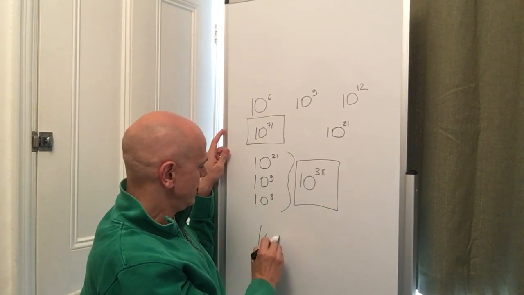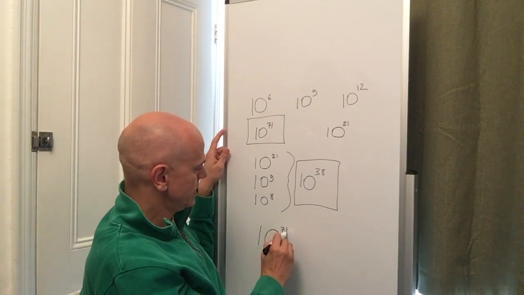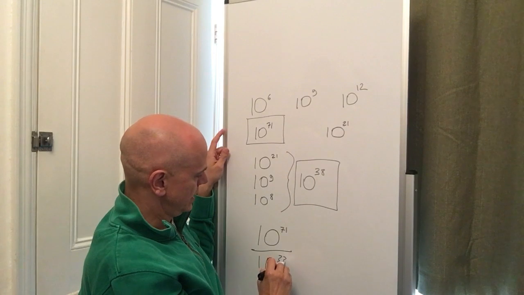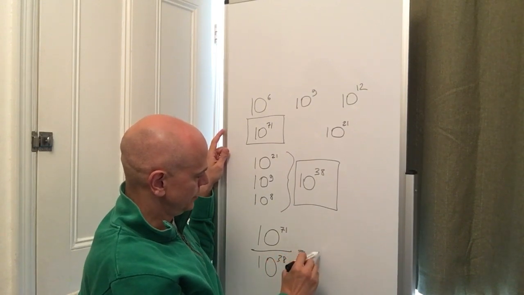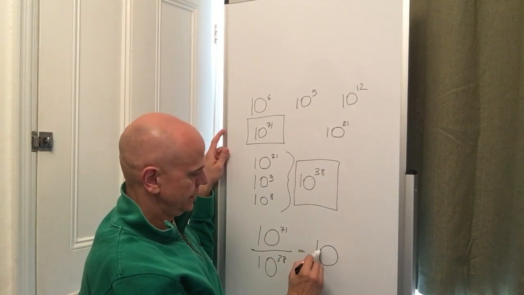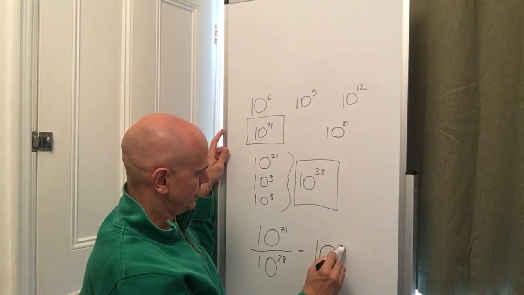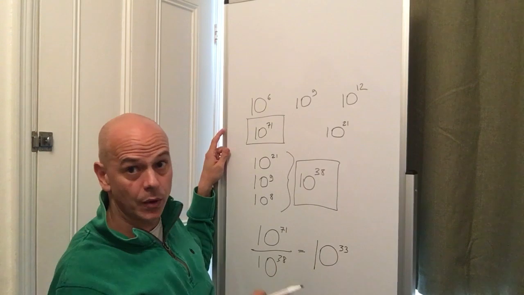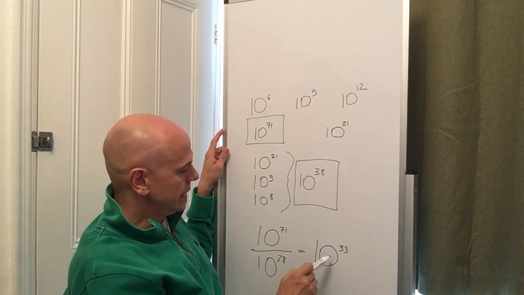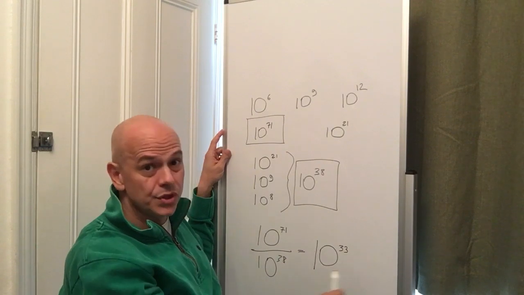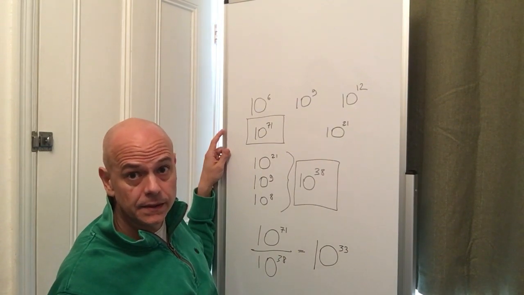You get 10 to the 71 divided by 10 to the 38 is equal to 10 to the 33rd power. Okay, now 10 to the 33rd power is still a 1 with 33 zeros behind it.